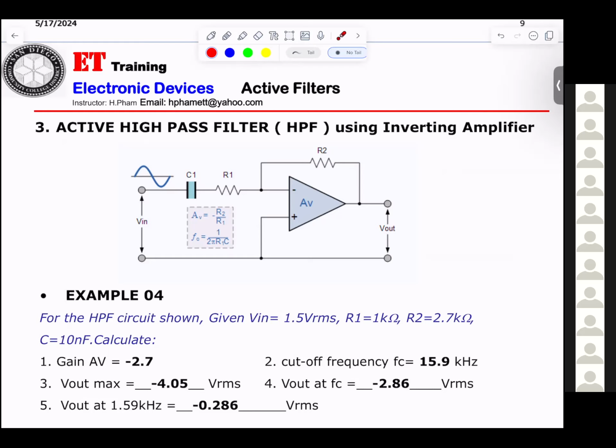Well, it's inverting. Perfect. That is inverted. That means you see the input go to negative, inverted. Okay, what is the gain? R2 over R1 minus, is it right? Minus R2 over R1. Perfect.